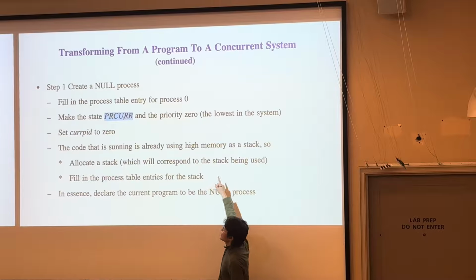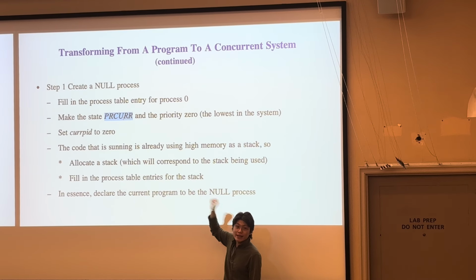So this is the step where we create the first process and set this process to current, meaning that this is the process that's currently executing, and now we have the first process. Then later we'll create a user program and put it in the ready list. That's when we transform the execution from sequential execution to concurrent multi-process execution.